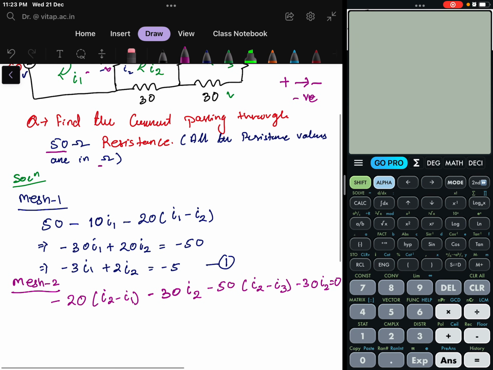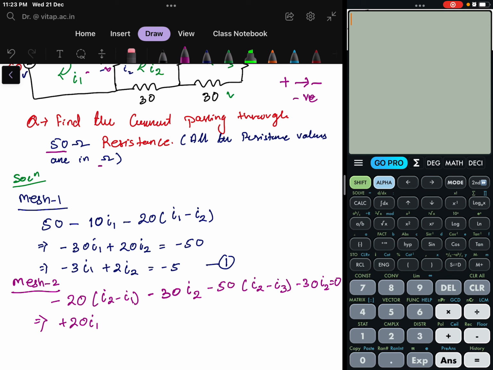Now if I simplify this, I will write the I1 terms first, then I2, then I3. So here it is positive 20 I1.